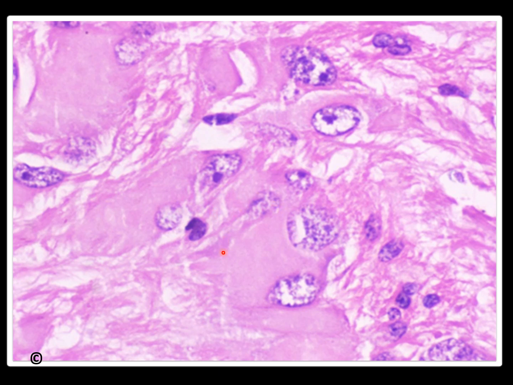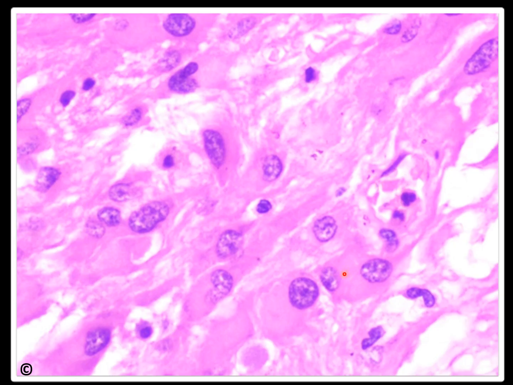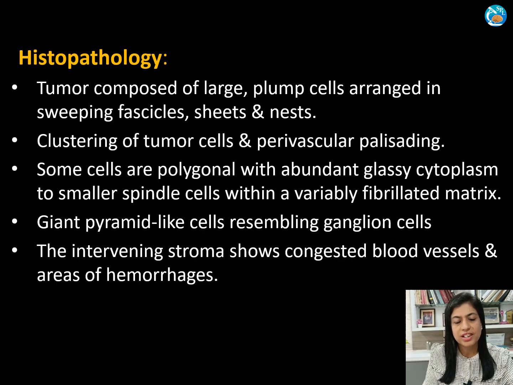Here, these are the ganglionic-like cells, with prominent nucleoli and glassy eosinophilic cytoplasm. These are the cells which have small round vesicular nuclei and glassy eosinophilic cytoplasm. No mitotic activity was noted.